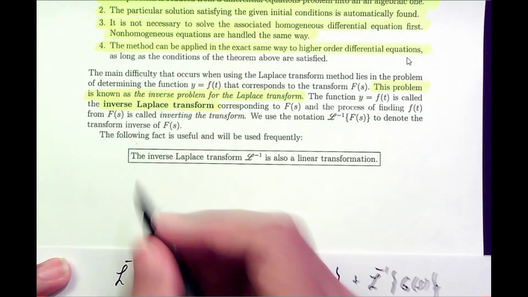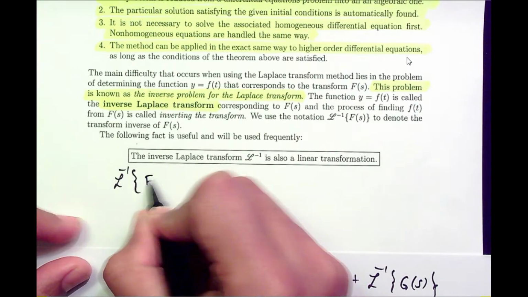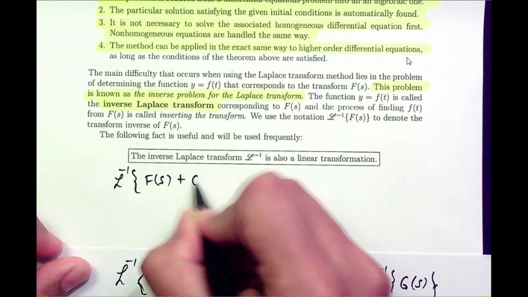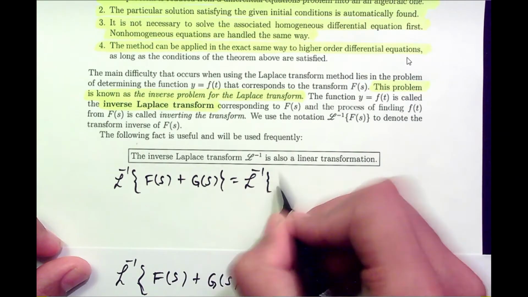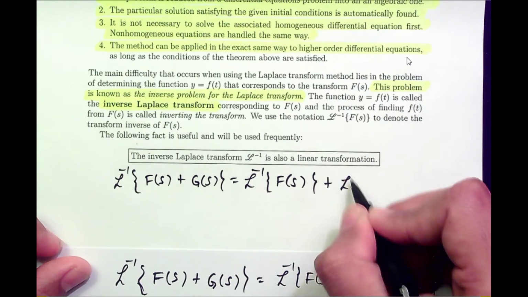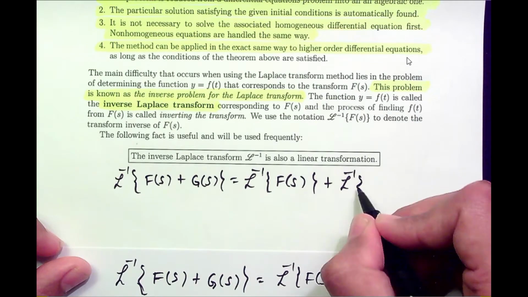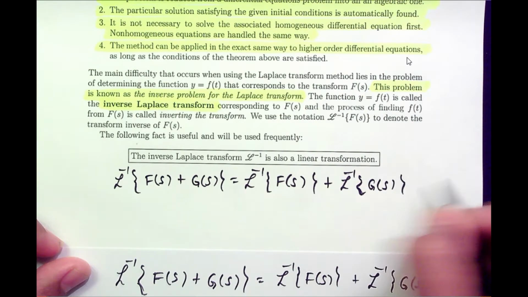The inverse Laplace transform of f plus g of s is just the inverse Laplace transform of f of s plus the inverse Laplace transform of g of s.